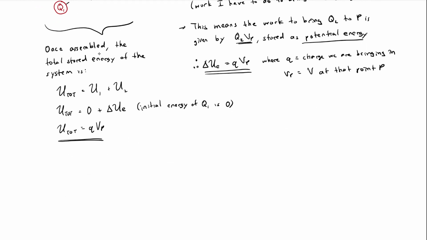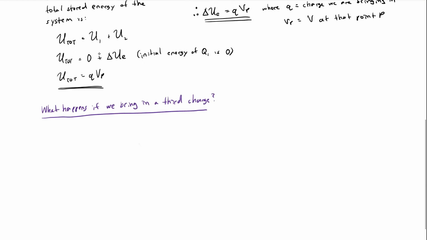So we've taken a look at what happens if we bring one charge into the vicinity of another charge. Now, what happens if we bring in a third charge? So there's going to be more that we have to consider. If we bring in an additional charge to this already assembled system of two charges, what kind of things are going to change?